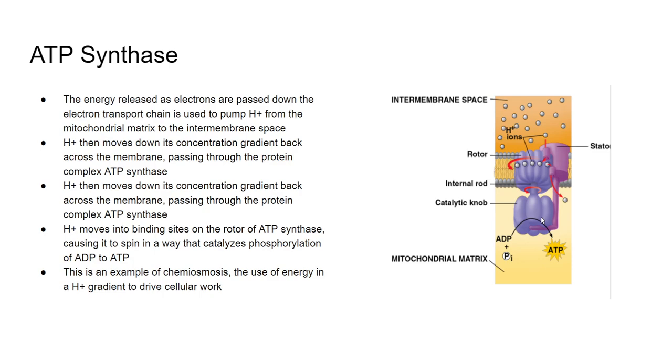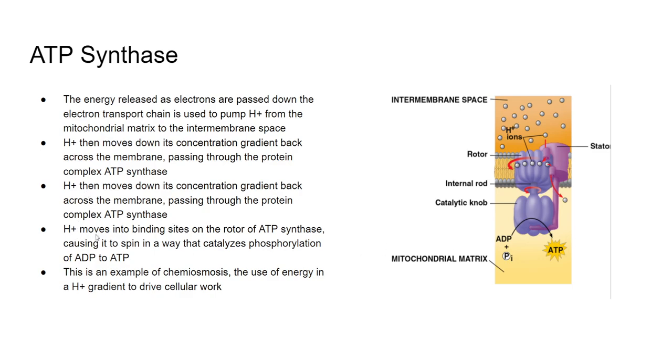referred to as ATP synthase, and essentially it's going to turn a turbine. It's a very, very cool structure, basically. It's going to turn a turbine, and it's basically going to catalyze a reaction that creates ATP, right?